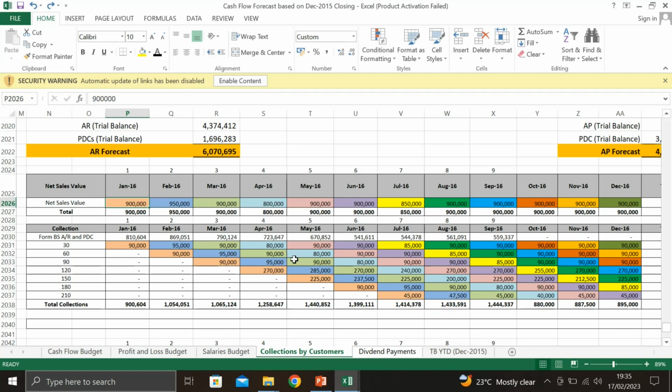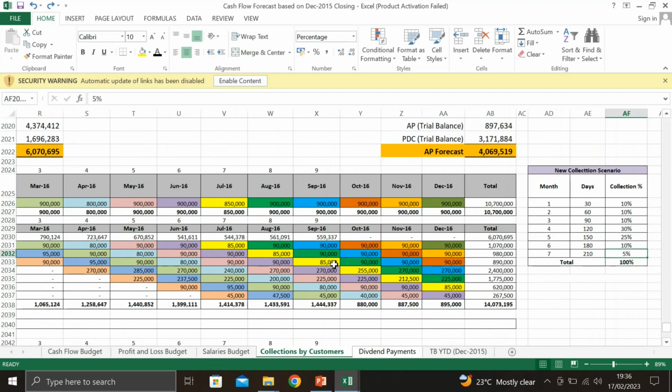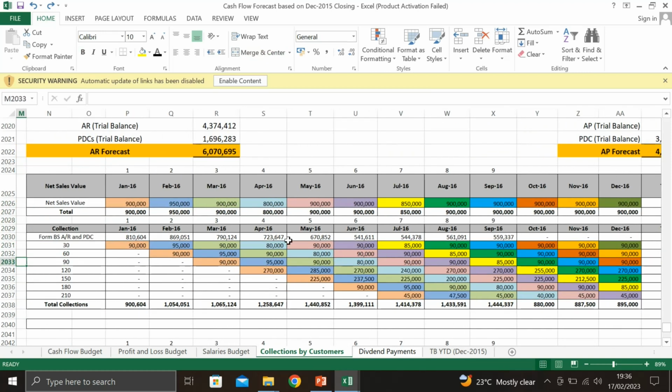After that, each month, when you are going to refresh the forecast, you will just come here and put the sales for each month, and then it will come here. So like this you will forecast your receipts as per the customers' last payment history, that is, how you are receiving from your customer.